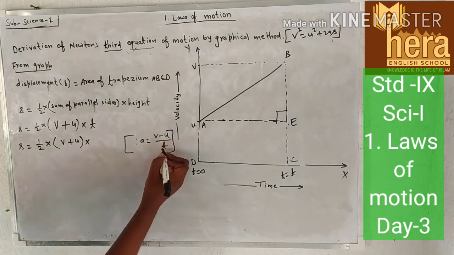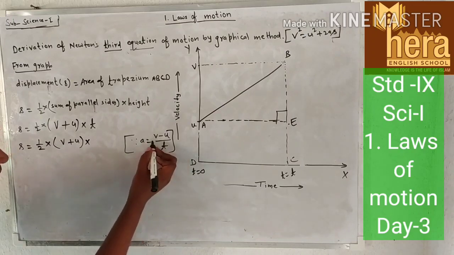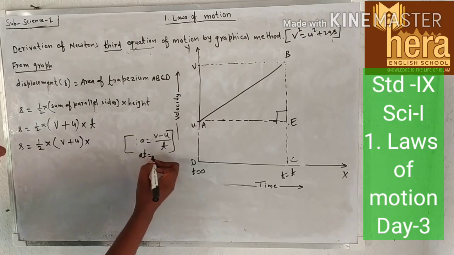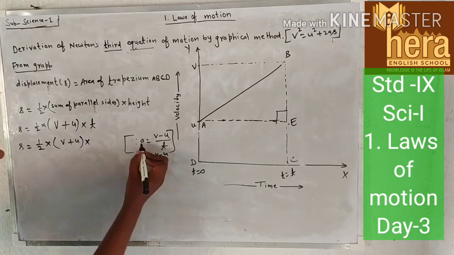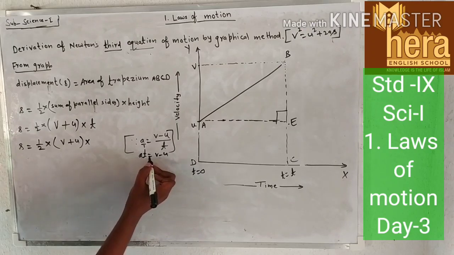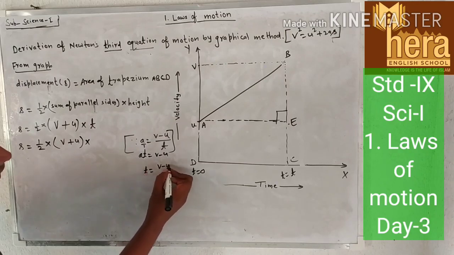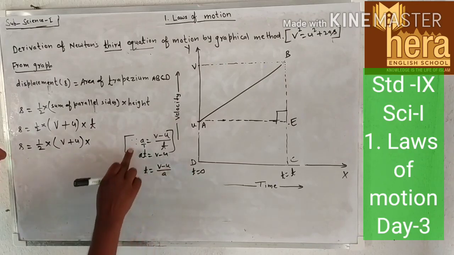So from here, by cross multiplication, a into t will be equal to V minus U. So t will be equal to V minus U upon a.